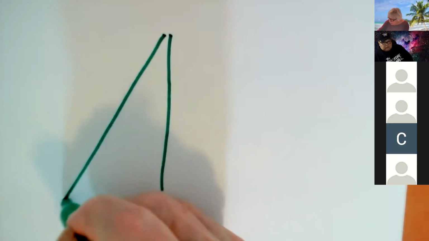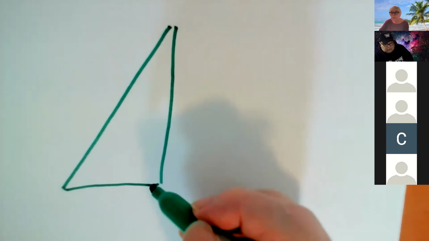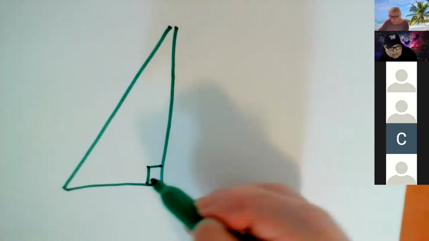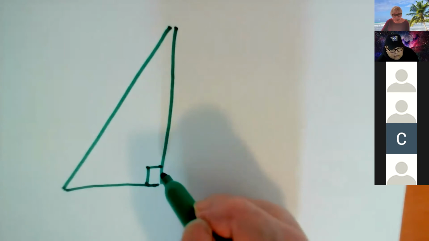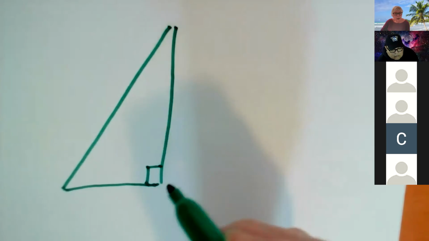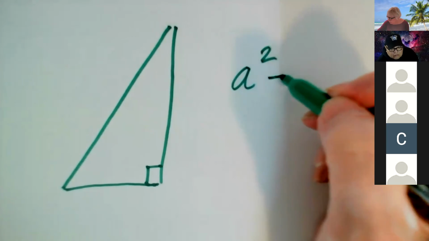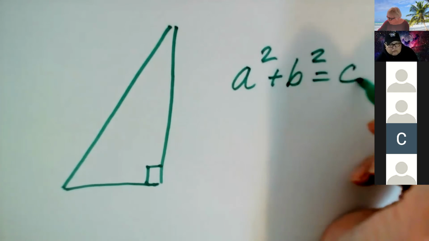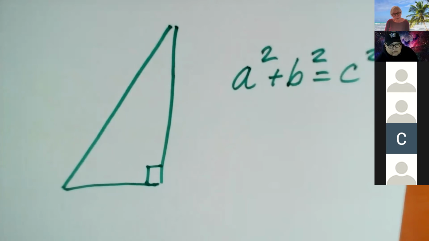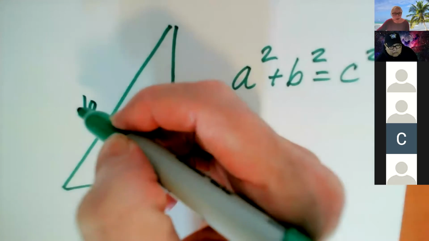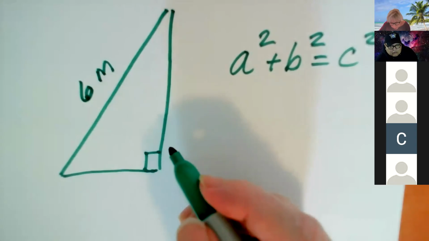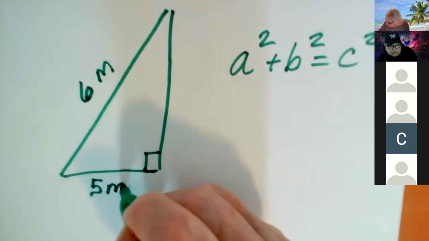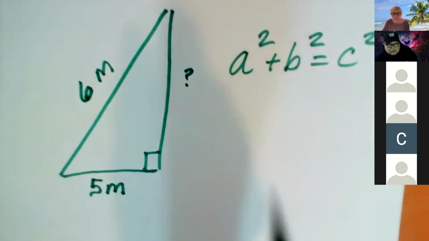Sometimes I'm going to do one more. Once you know it's a right triangle, which means it has 90 degrees, then this formula will kick in. Now, what if we knew that this was 6, let's just do meters, and this was 5, and we didn't know this side?